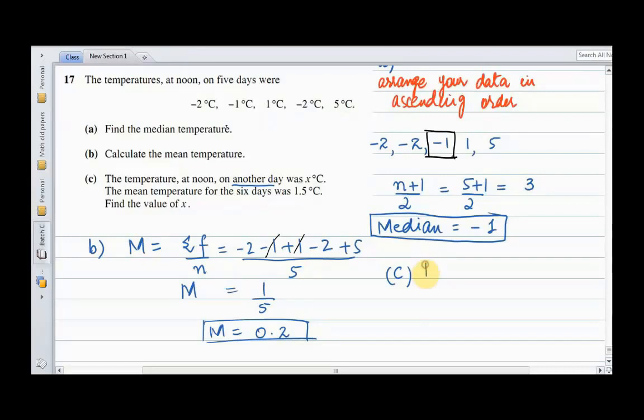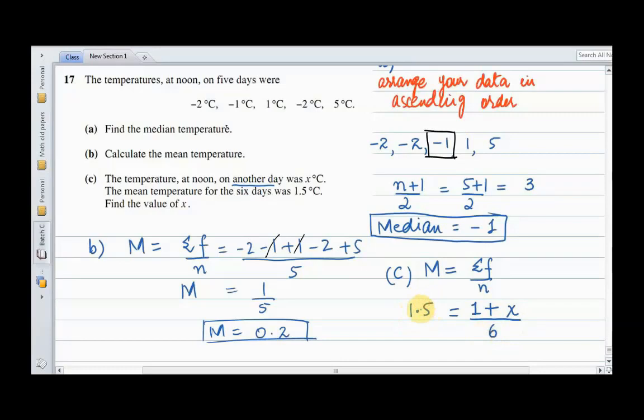So first thing, I'm going to write the working formula. Mean is equal to summation f divided by n. If we add all these temperatures, it gives us the answer of 1. So the temperature of 5 days is 1, plus the temperature of the 6th day is x, divided by 6 because now there are 6 days, and the mean of 6 days is known, that is 1.5.